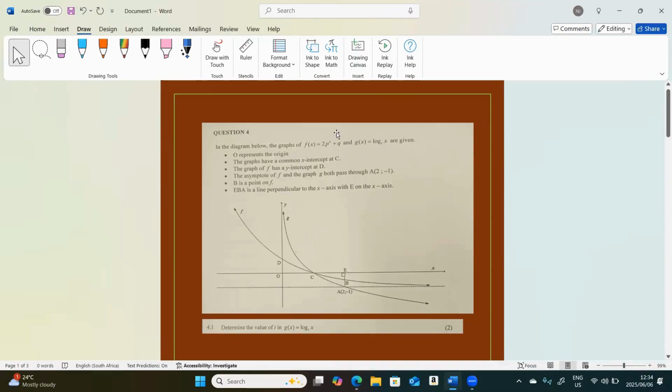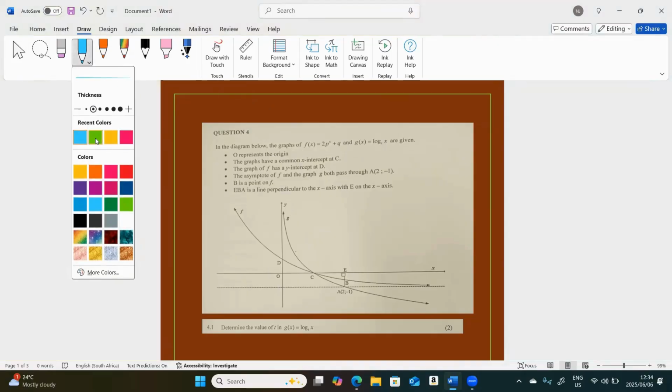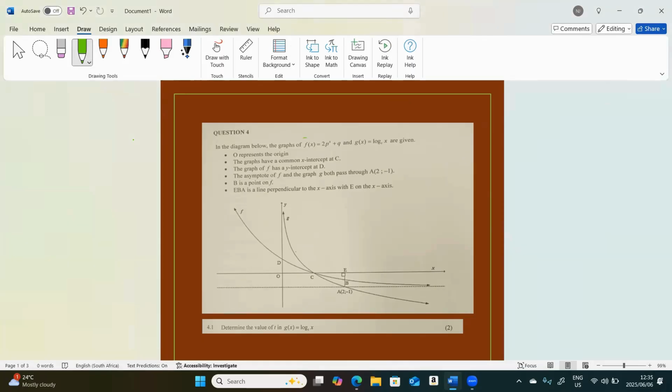When we look at fx, it's not explicitly stated, but we taught you in grade 10 that just by looking at the standard formula or equation of a function, you have to identify the function already. So we can see that fx is an exponential function.